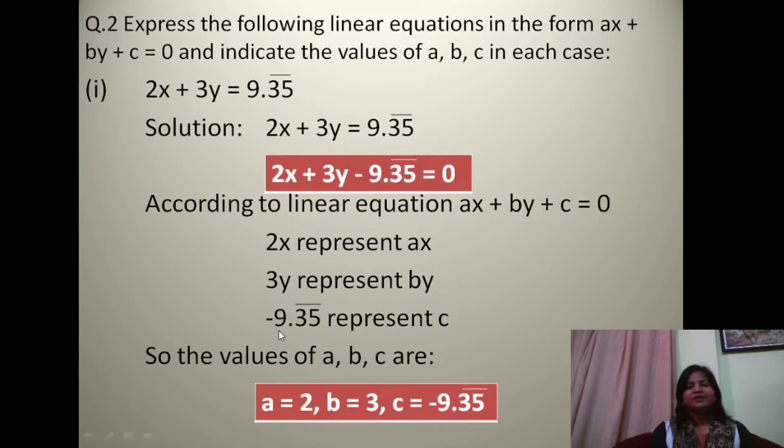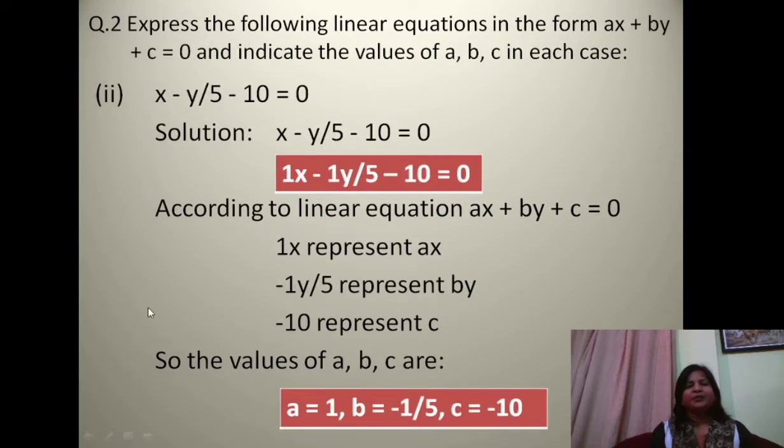Next, minus 9.35 represents c. So c is equal to minus 9.35. So the values of a, b, c are: a is equal to 2, b is equal to 3 and c is equal to minus 9.35. So these are the final values of a, b, c.